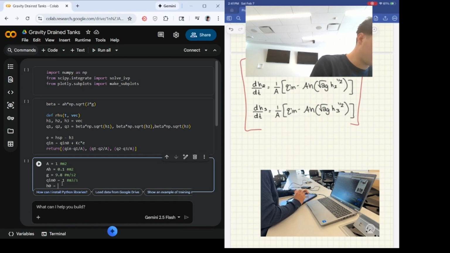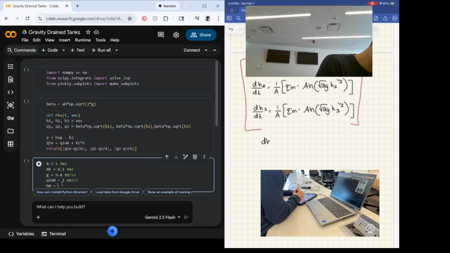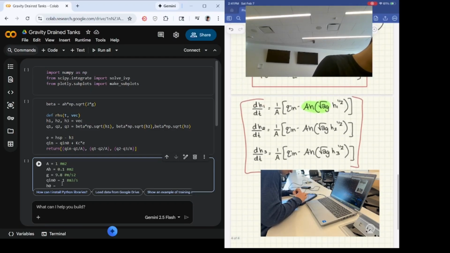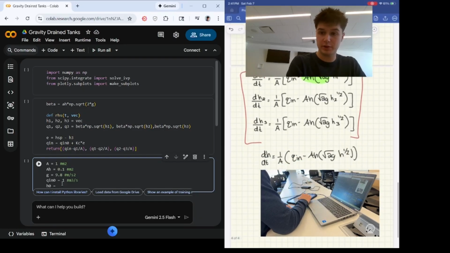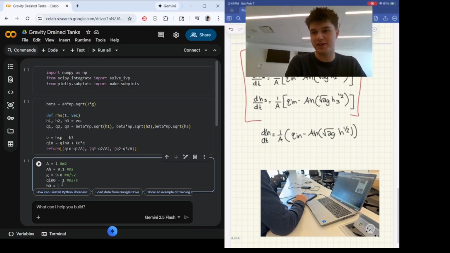Oh shoot, I'll just rewrite it all. So it's dH over dt equals 1 over A times Qn minus AH square root of 2G H to the half. Now, the first thing, like I said, you're going to want to do is define if it's linear or, oh, you couldn't even see me writing, I'm sorry. There we go, this is what I just wrote.